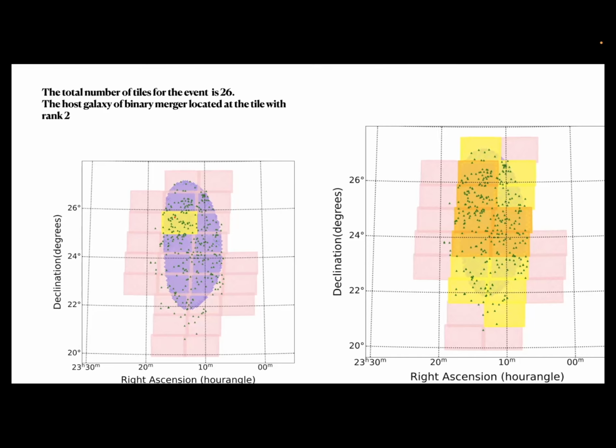So the orange color shows that these stars are observed with 2 telescopes, and the yellow stars show that these stars are observed with 1 telescope. And based on the ranking method, we can catch the electromagnetic counterpart with the stars that are placed in rank 2.